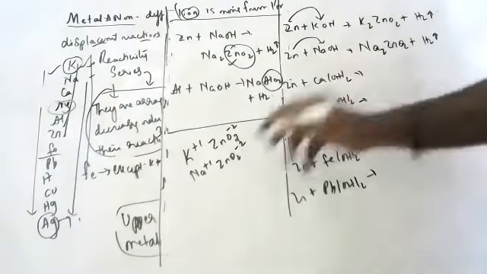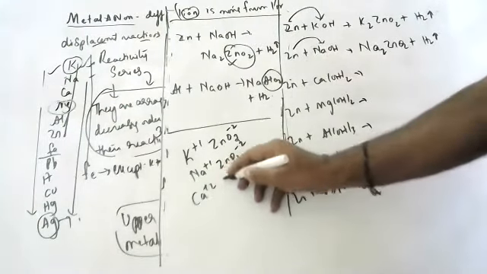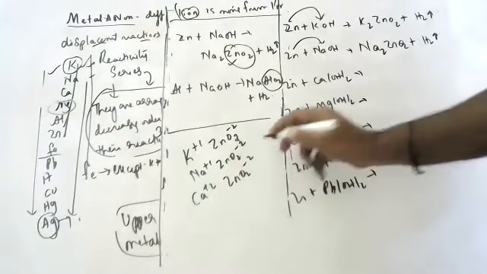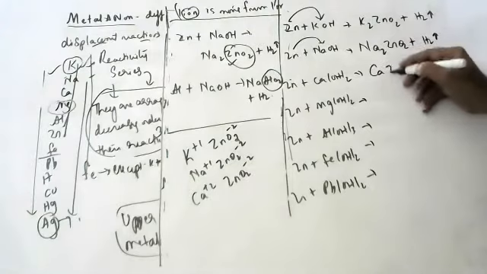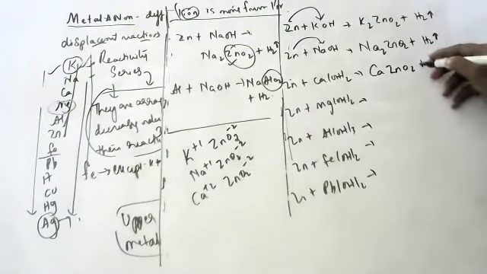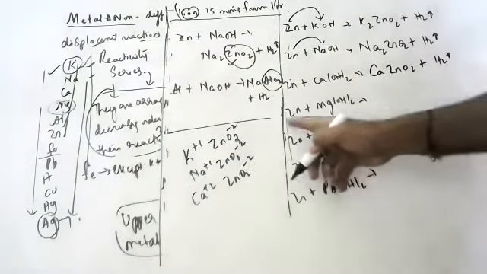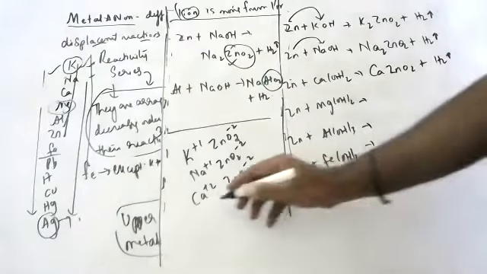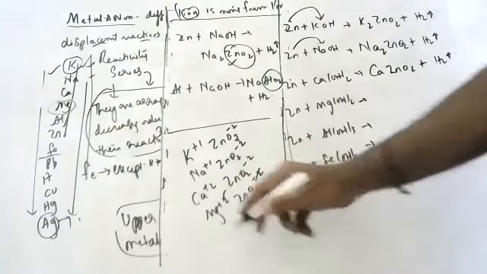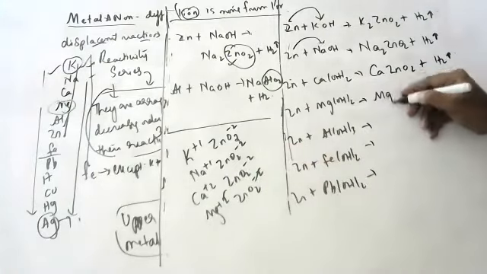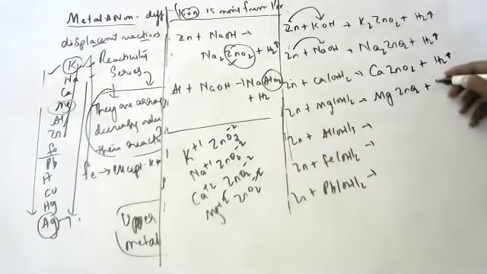Raghuram, zinc plus calcium hydroxide. Sir, Ca plus 2, ZnO2 minus 2, cancel. Calcium zincate plus hydrogen gas. Pravalika, zinc plus magnesium hydroxide. Mg plus 2, ZnO2 minus 2, MgZnO2 plus hydrogen gas.